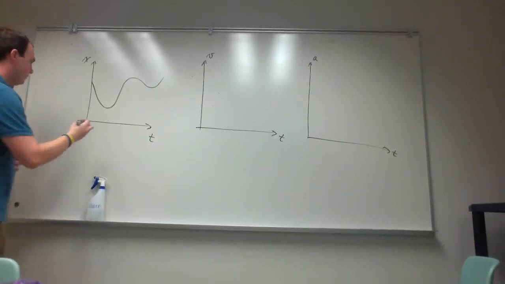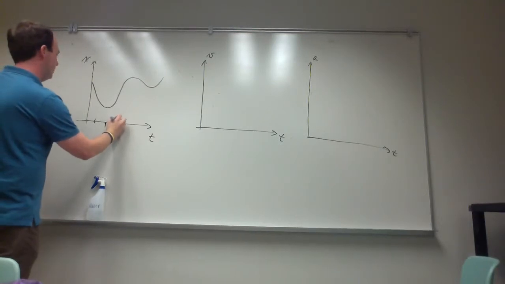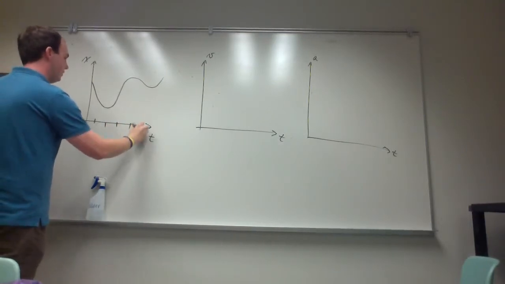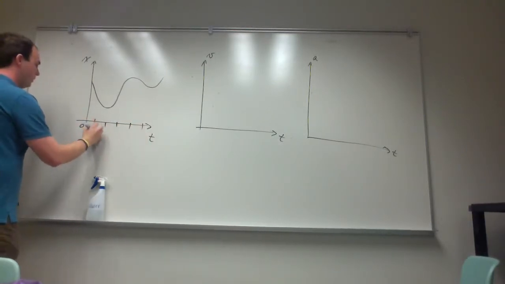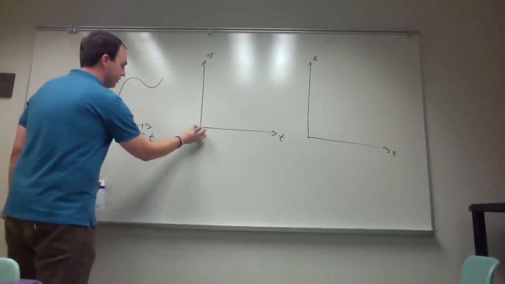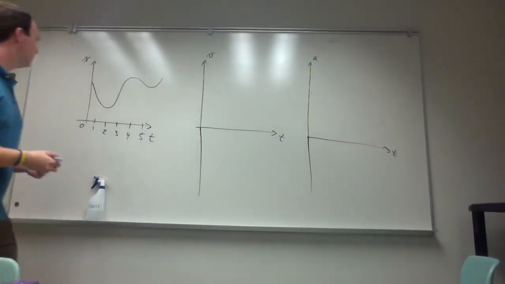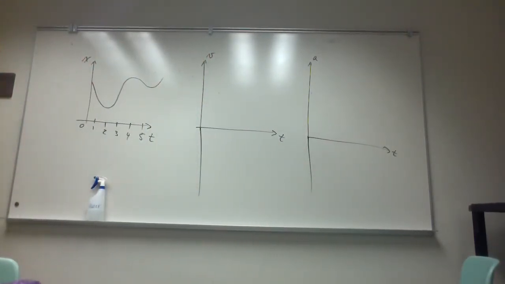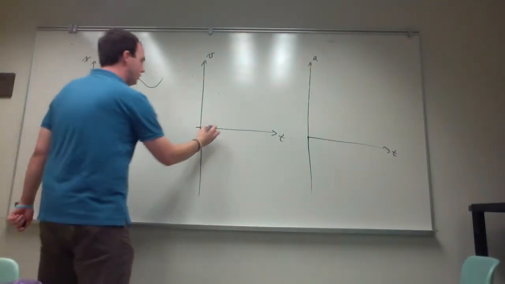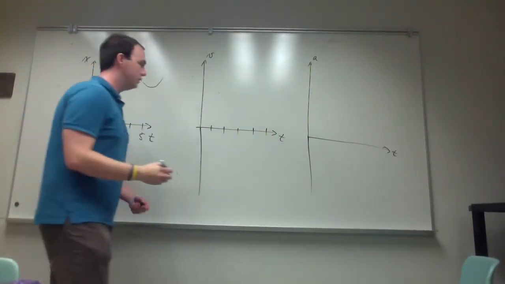Okay, and then I'll just give us some reference point, I'll mark this in seconds. Right, so we'll say 1, 2, 3, 4, 5 seconds. I guess velocity and acceleration I need to consider, they could be negative. So 1, 2, 3, 4, 5.